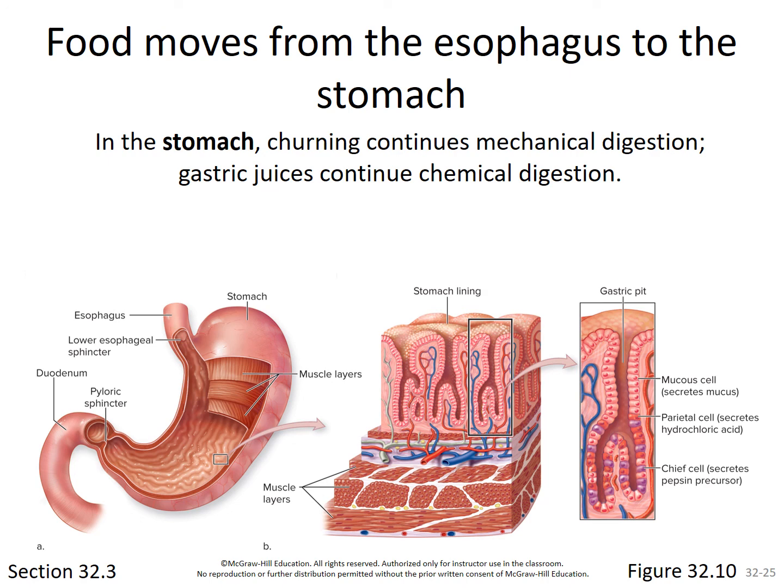Instead of just circular and longitudinal muscle layers, you have those 2, but additionally a diagonal, or oblique, muscle layer. These 3 muscle layers allow food to be moved back and forth in much more of a 3-dimensional motion with the churning, and this is going to break up food to a greater extent.